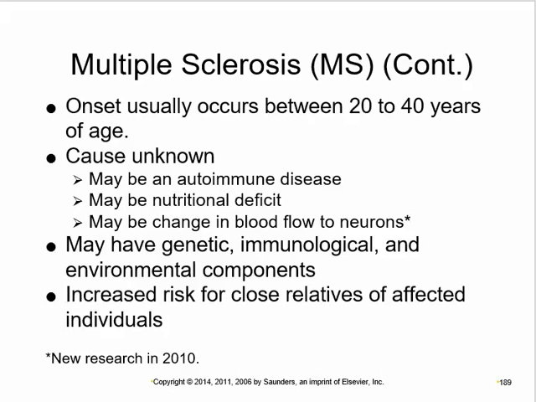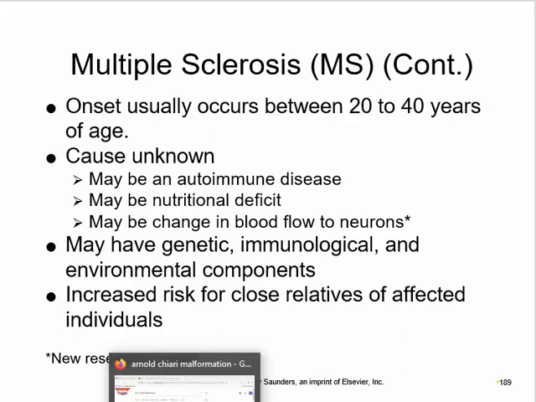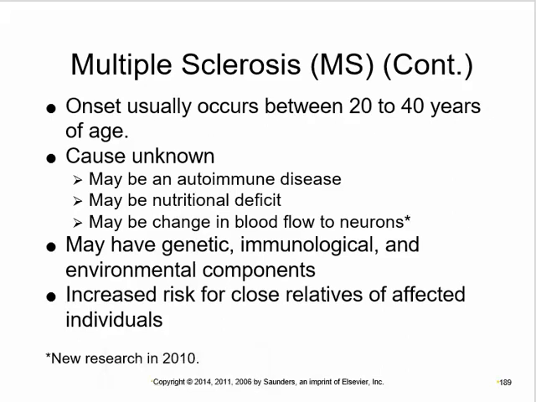A lot of people believe that it is an autoimmune attack on the oligodendrocytes, but by no means is that confirmed. There's a thought that it could be some micronutrient that prevents the formation of myelin.